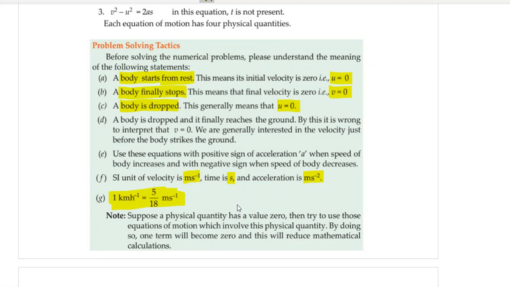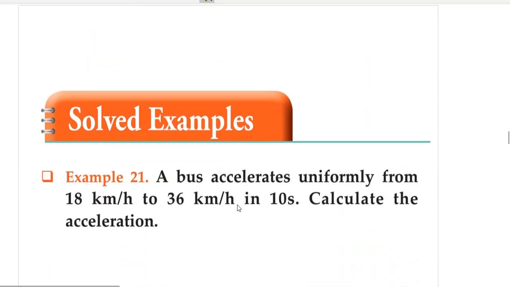By doing so, one term will become 0 and this will reduce the mathematical calculation. Your equation will become simplified. So these are some tactics which you can use while solving word problems. So let's start with the solved examples.